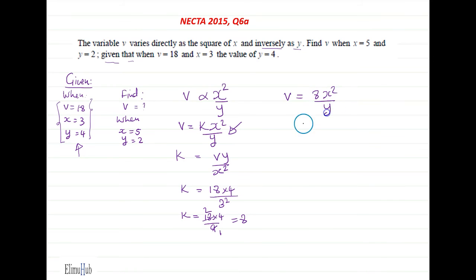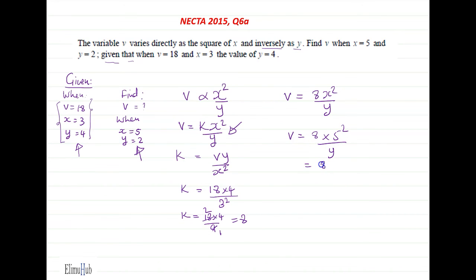So now I can rewrite this formula as v equals, I know what k is now, 8 x squared over y. Let's sub in the values of x and y from our second data, because we need to find v when x is 5 and y is 2. So v is 8 times x, which is 5 squared, over y, which is 2.